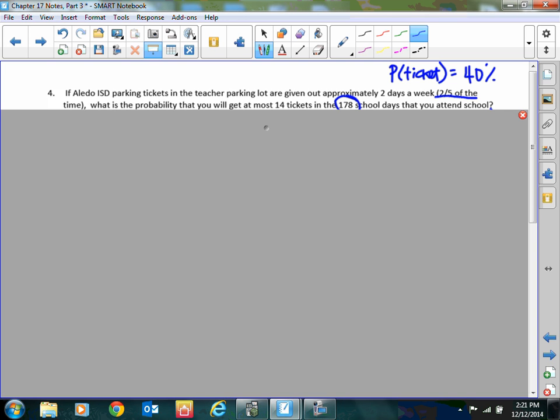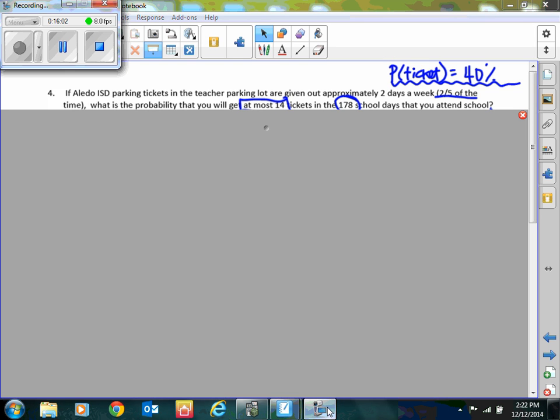Therefore, the probability that you get ticketed in that lot is 40% of the time. Okay, what's the probability that you get at most 14 tickets? You think you can handle paying for up to 14 tickets? So I want you to write down how you're going to do that. Show the work and compute it. Do that now and we'll check.